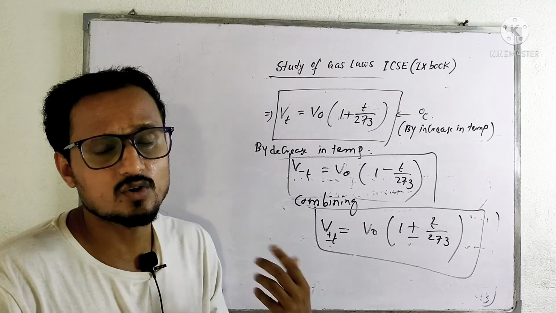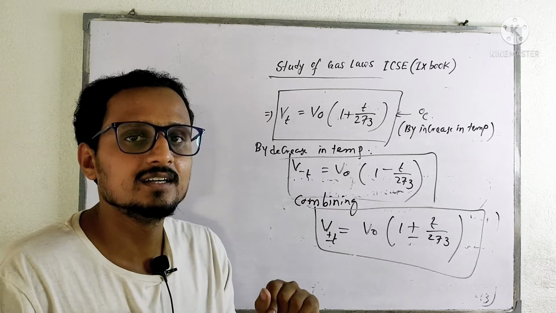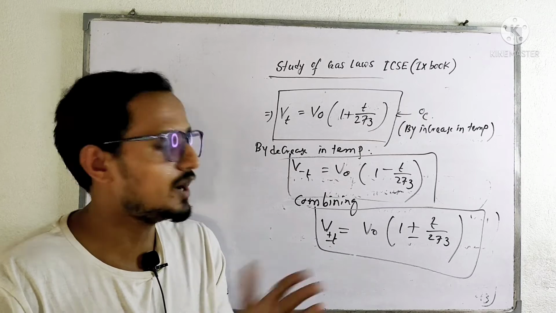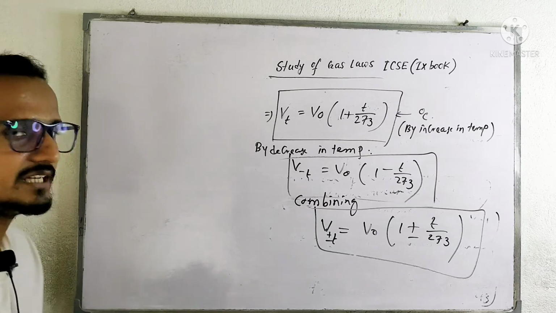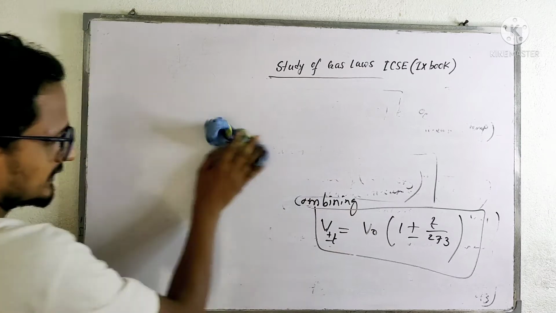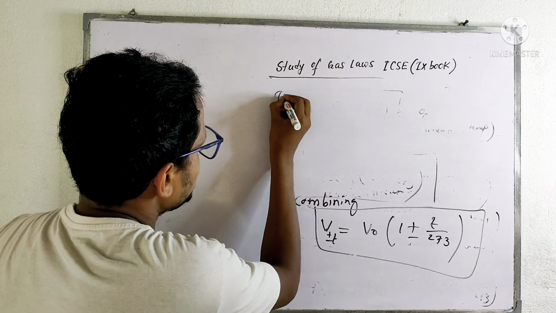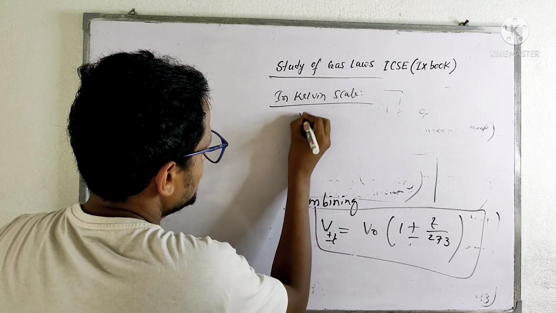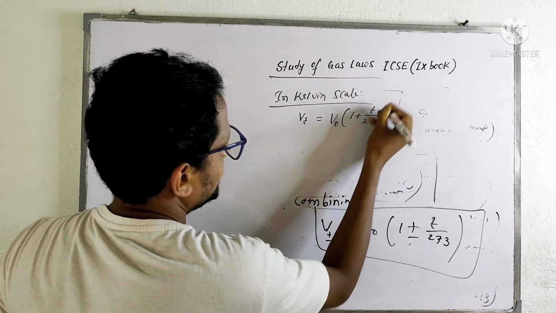Now by taking into consideration only that we are increasing temperature, not decreasing, we can arrive at Charles' law according to the Kelvin scale. Let us see how we can arrive at it. Here Vt equals V0 into 1 plus T by 273.